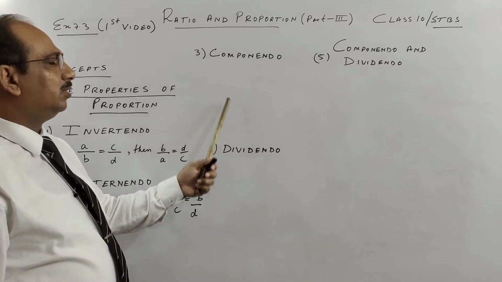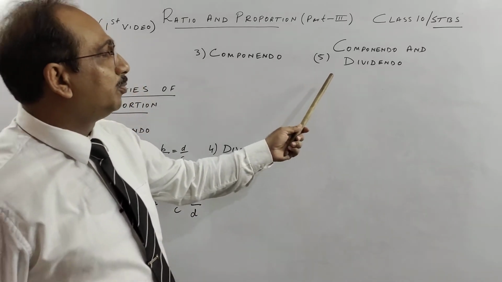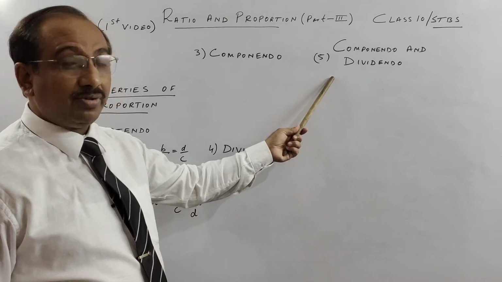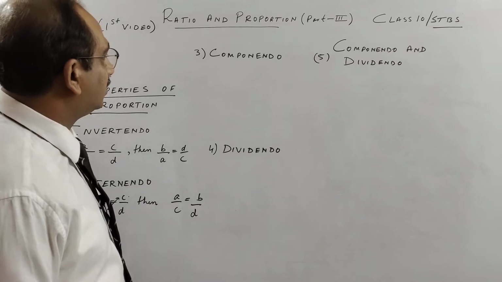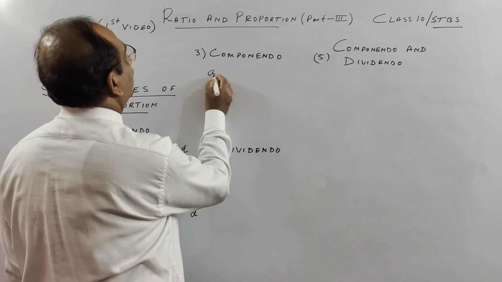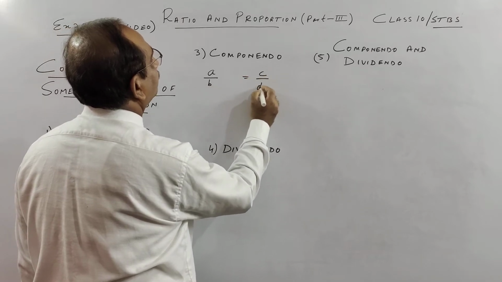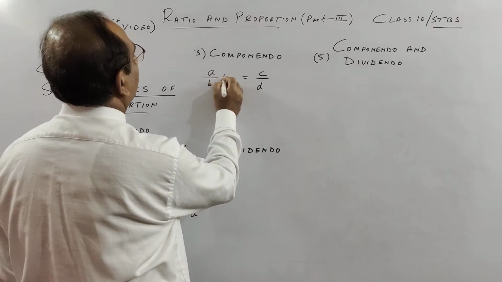Now we come to the most important things. Individually they are not important, children, but componendo and dividendo is very, very important for ICSE. In fact they mention that using this property you should solve the following questions. So let us see what componendo is. If A by B is equal to C by D, one proportion is given, add 1.